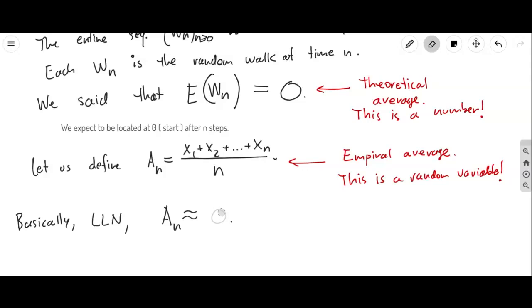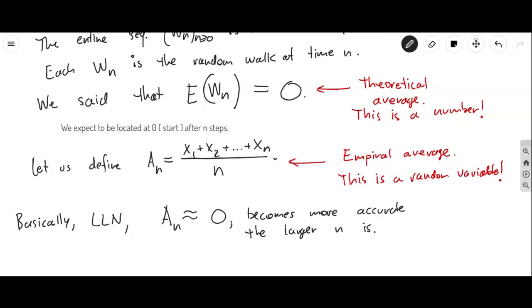After all, this is a random variable, and as we remarked, it is conceivable that the empirical average could be 1. They could all be equal to 1, though the probability of that happening is incredibly unlikely. And this becomes more accurate the larger n is. That's why we call it the law of large numbers.